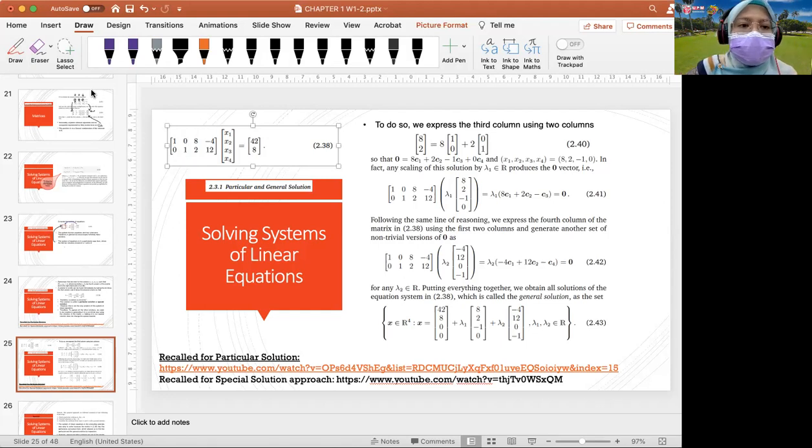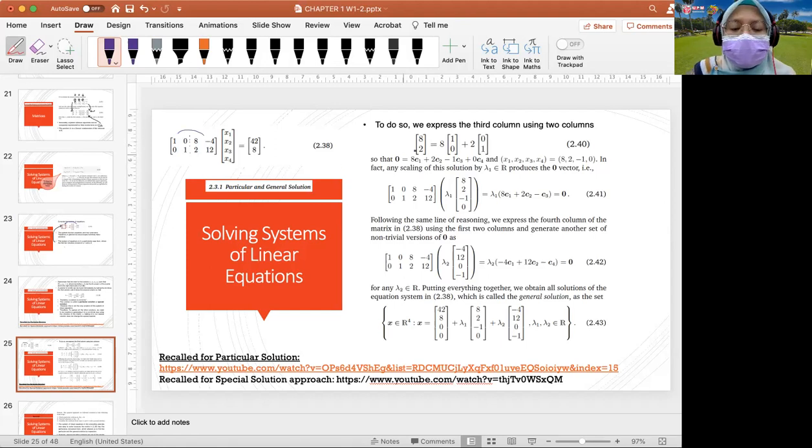So we have to reform the third and fourth columns so that they can be presented in the first and second columns. How are we going to do that?